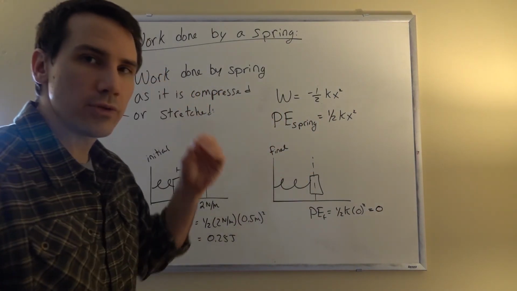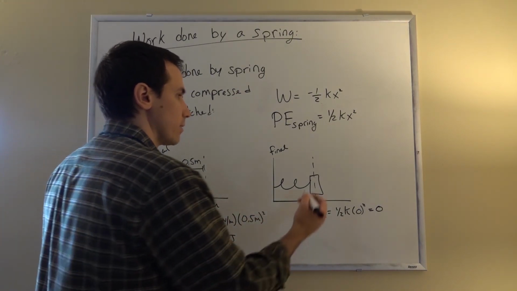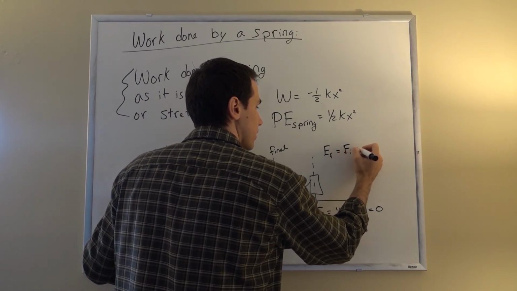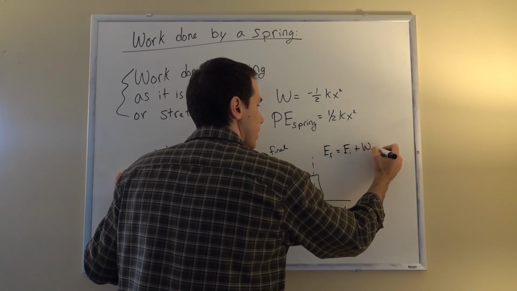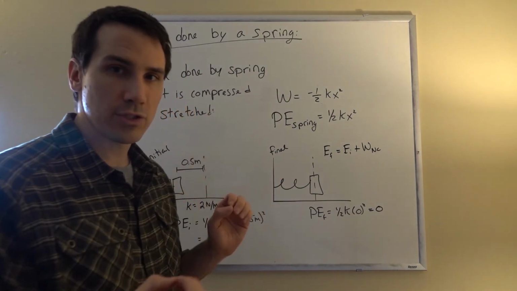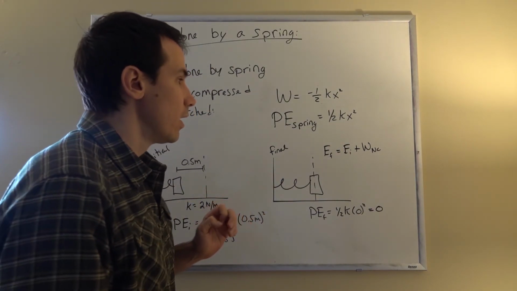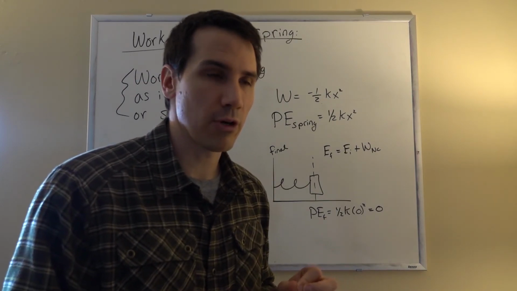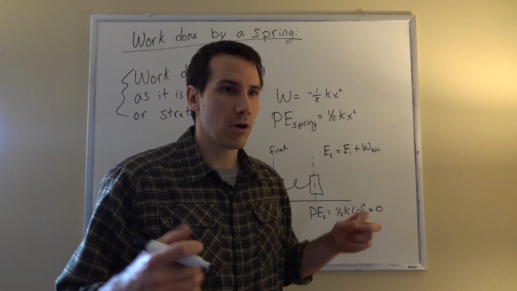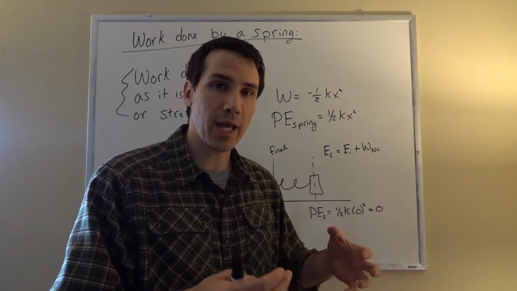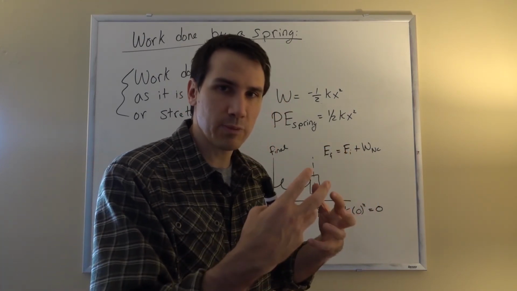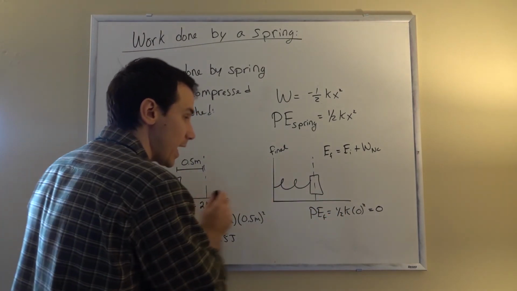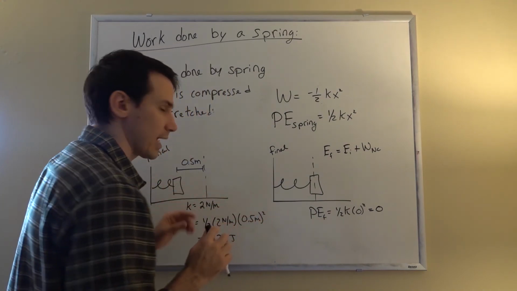And I want to use the work energy theorem, which says that the final energy of my system equals the initial energy of my system plus any work done by non-conservative forces. Now, remember that our definition of conservative forces are forces that give us all of their energy back. So any work that I did in compressing the spring is given back in terms of kinetic energy.